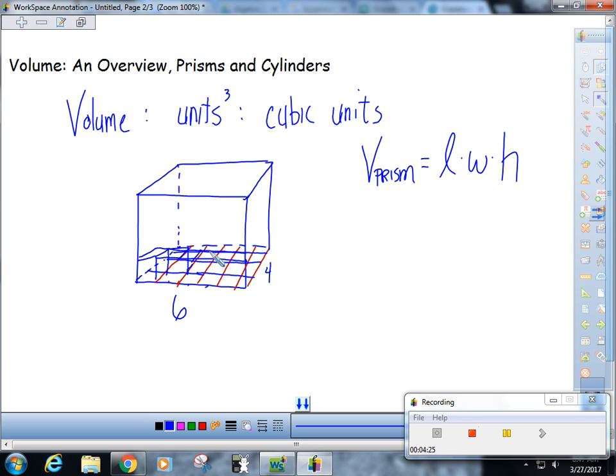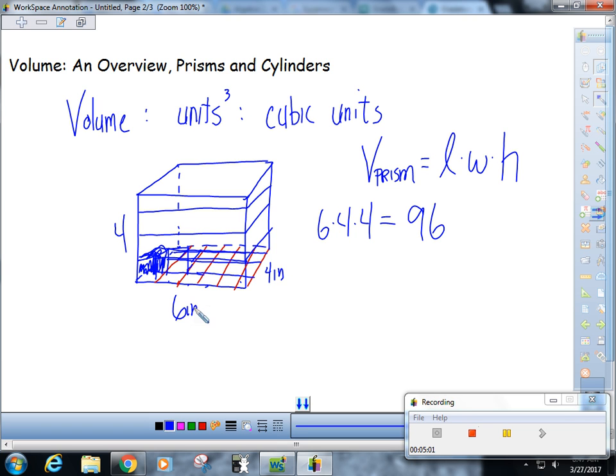So every time we cross this thing, we would make more and more cubes. Let me just color this one little cube in. So to figure out how many of those cubes are in there, and this looks like 1, 2, 3, 4, there are 4 sets of 24 cubes. Okay, so it's 6 times 4 times 4, which is 96 if we said that this was in inches. 96 cubic inches. Okay, that's how you would write that.